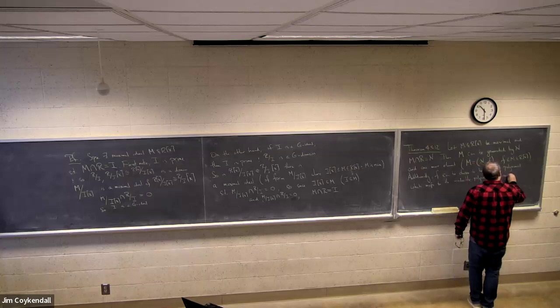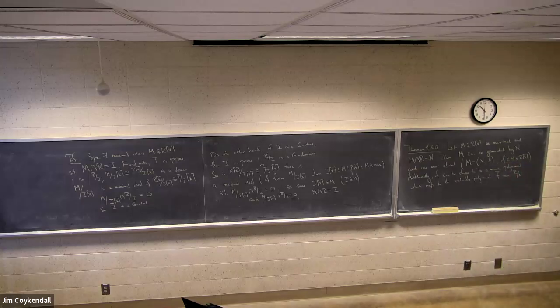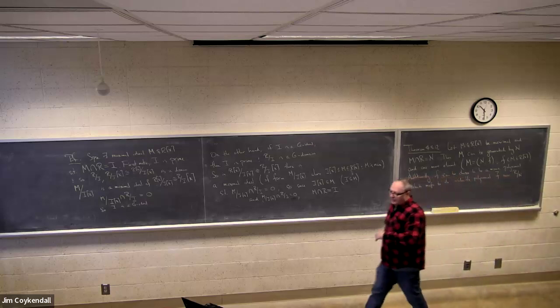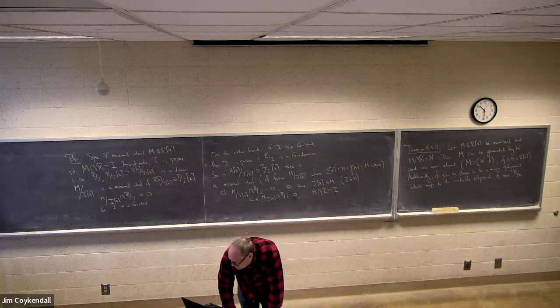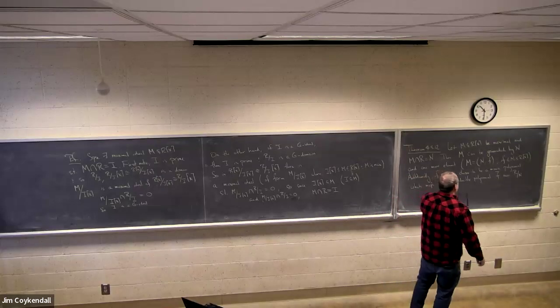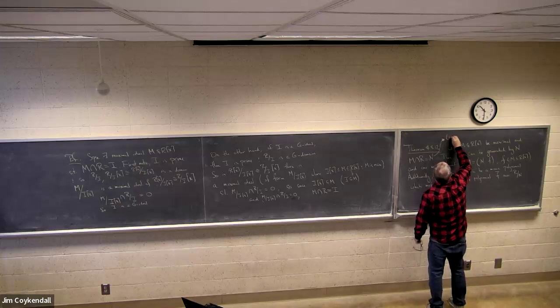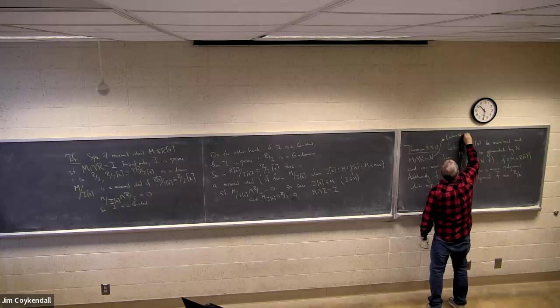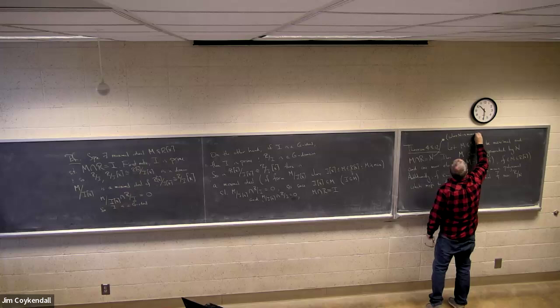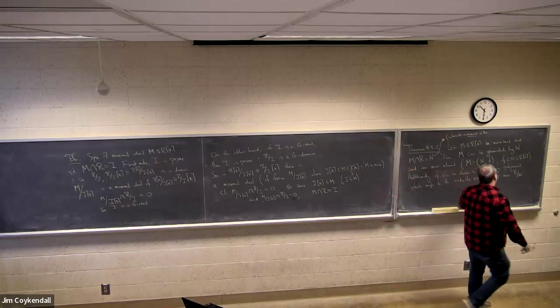That bar over R mod. Oh, you know what? I think I've got it. This has to be a field, so this is an important thing that I left out. The important thing is it has to contract to a maximal ideal in R, because I need this to be a field.